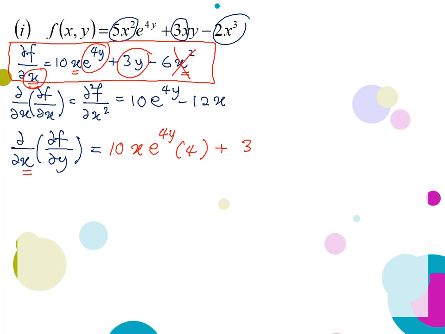You treat x as a constant, so it becomes 0 for that. So this is the answer: 40x exponent 4y plus 3. So this is your mixed partial.